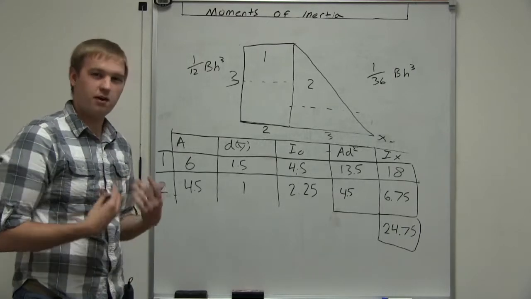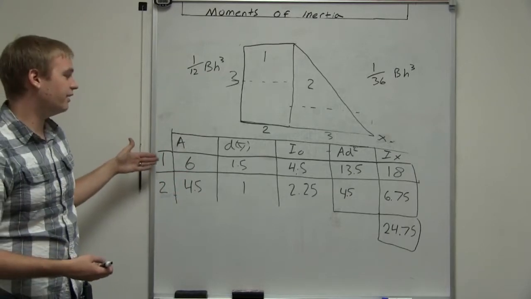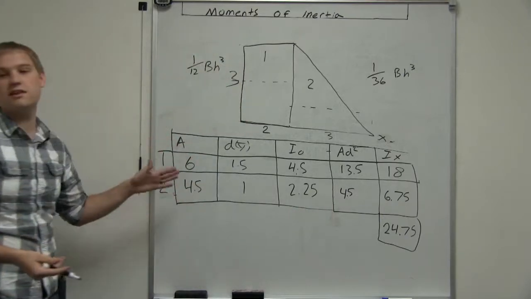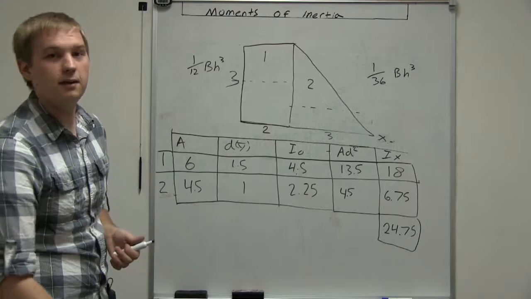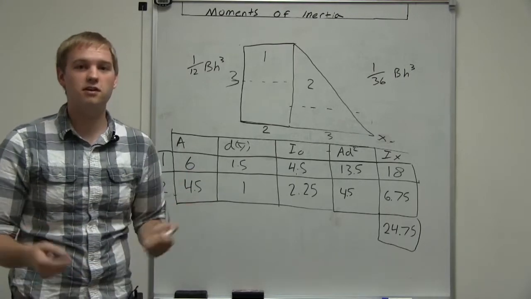Again, it's just a slow process. Make sure you stay organized, and that's going to help out a ton. That's why I like this grid method so much, just because it helps me stay organized on paper and I don't mix anything up.